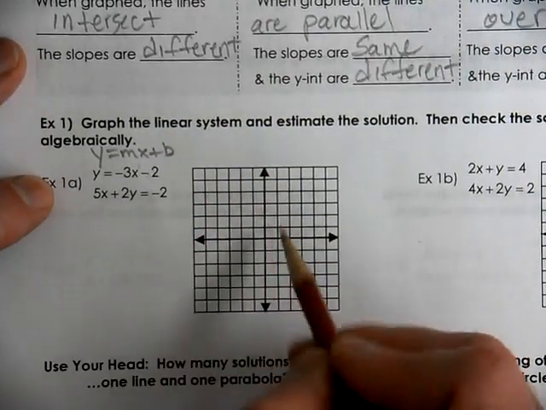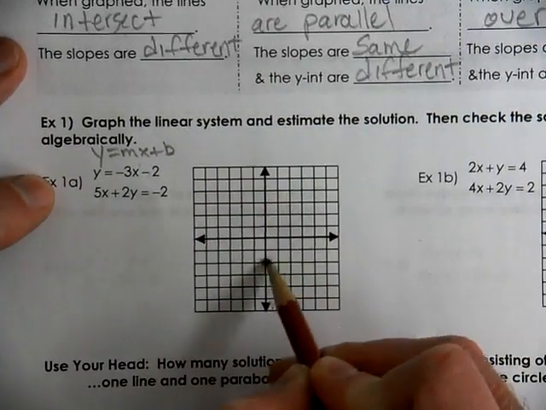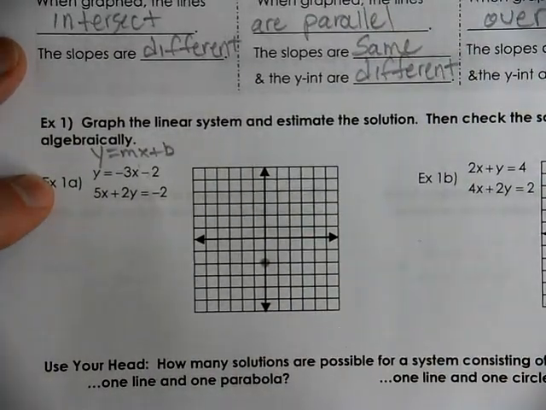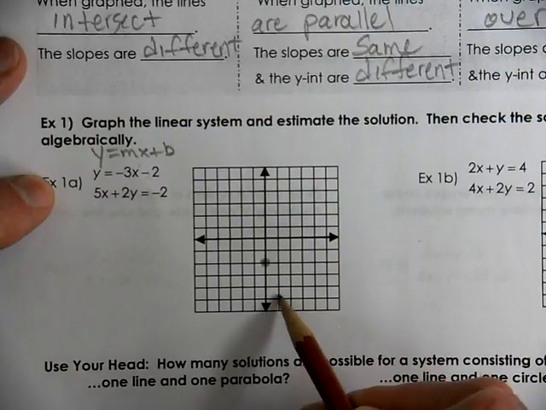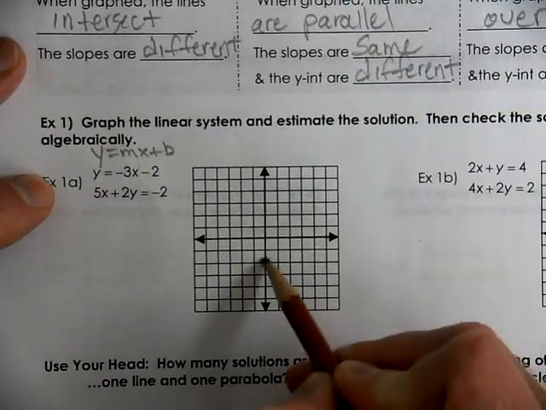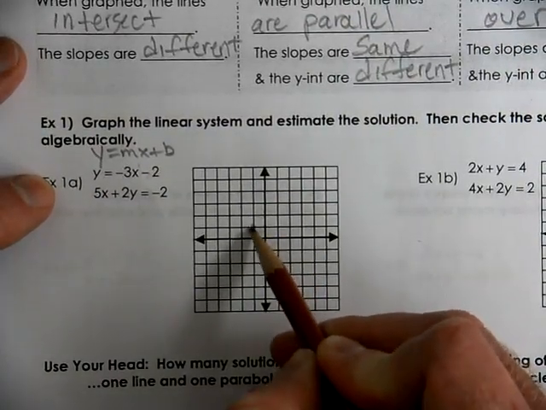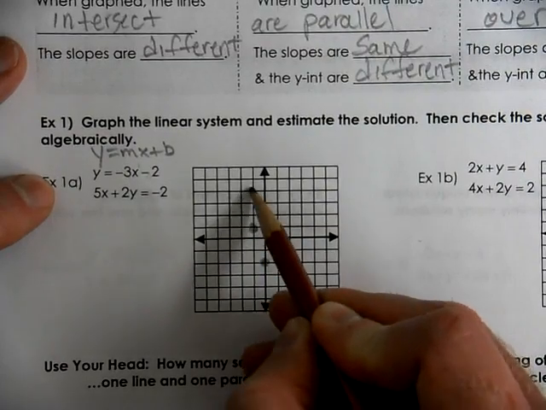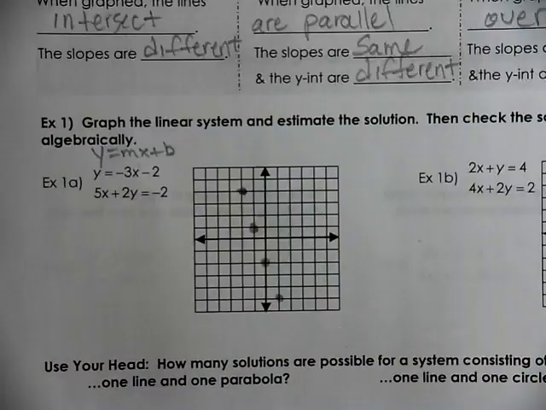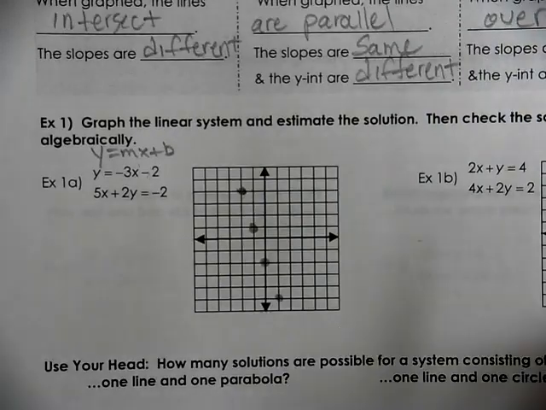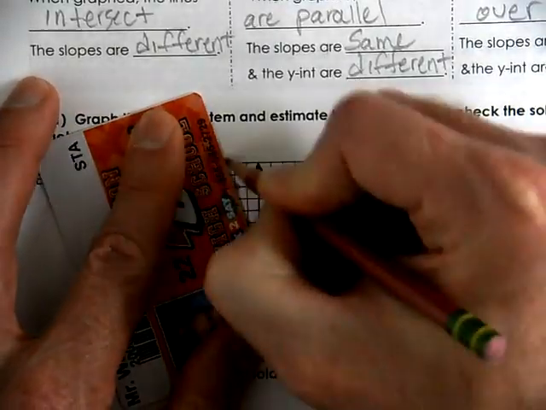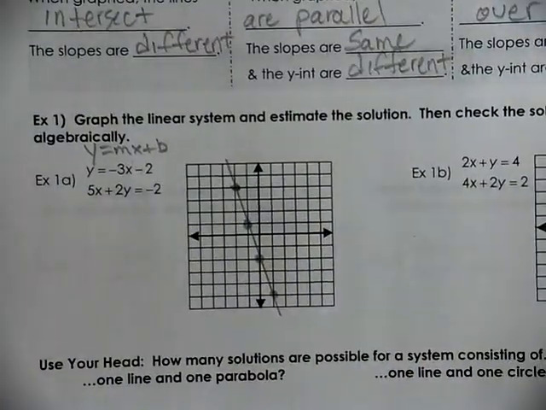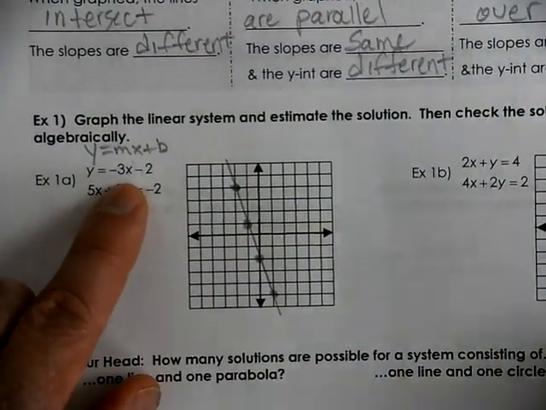The y-intercept is -2, so we go down on our y-axis 2, and we do our slope of -3: +1, +3, -1, +3, -1, and we use our straight edge. That's our first equation.